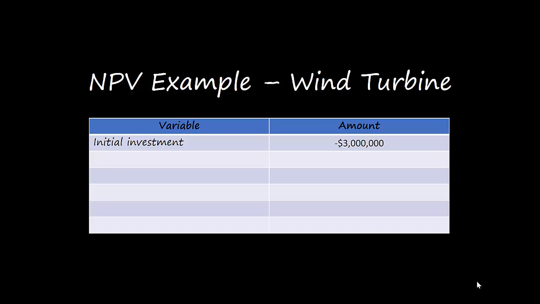In addition to this initial investment of $3 million, we also need to consider cash inflows that will occur each period. This would include any revenue generated from the wind turbine. With wind turbines, at times there may be some tax incentives that are offered by the government as well.